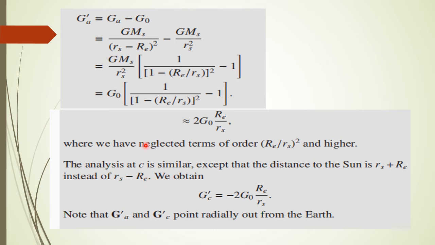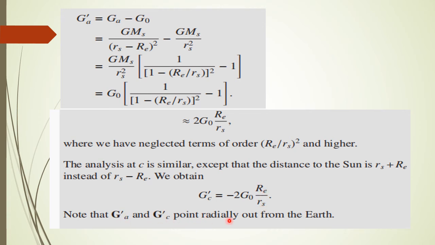Now, so you got the value of G dash A at the point A. It is equal to 2 Go Re by Rs. Similarly, at the point C, where the distance is Rs plus Re, you get the same value with a negative sign. So we obtain G dash C at the equivalent opposite point as minus 2 Go Re by Rs.